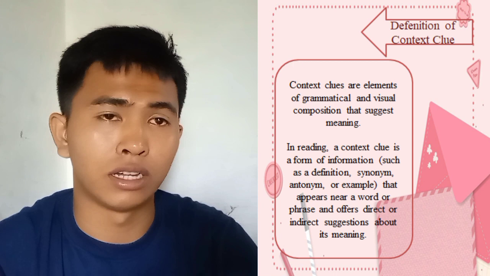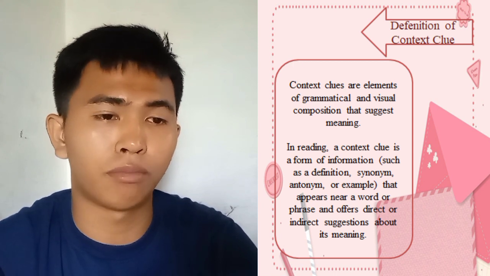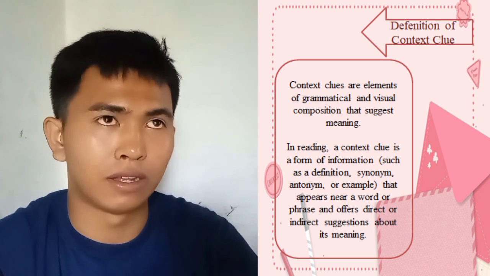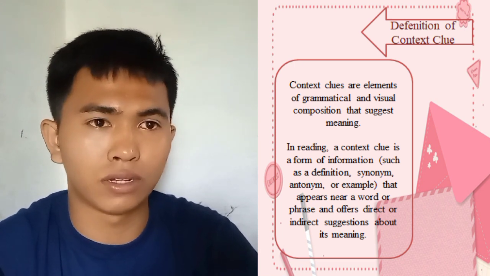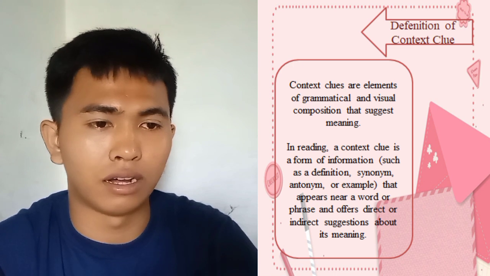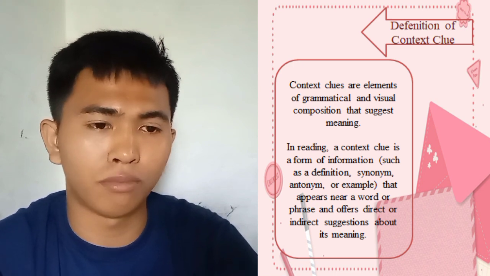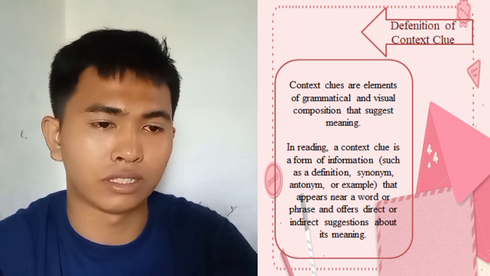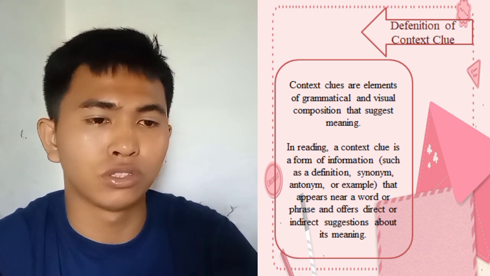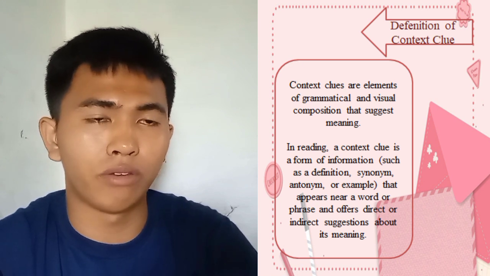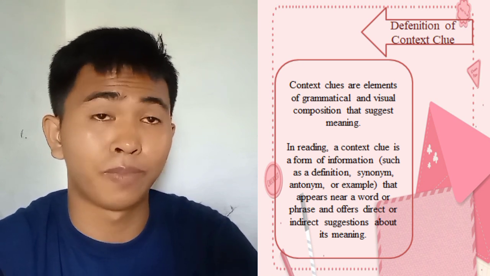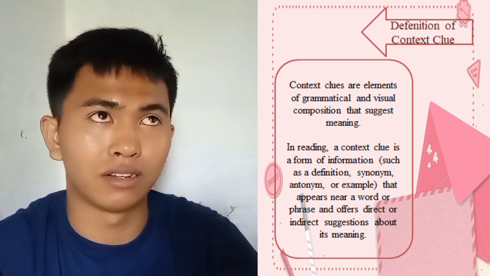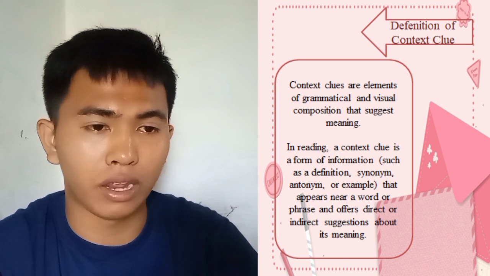In reading, context clue is a form of information. Context clue here refers to a form of information such as definition, synonym, antonym, or example. So this is when we find a definition, synonym, antonym, or example in a text that we read.